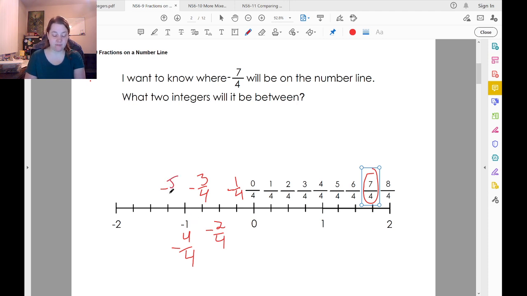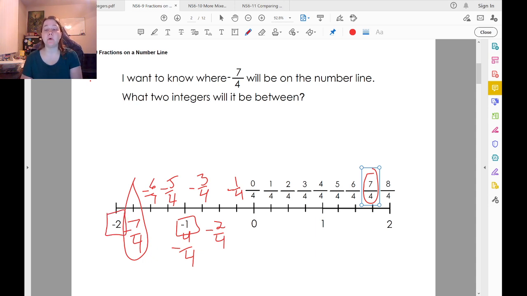Then -5/4, -6/4, -7/4. And we can see that -7/4 is in between the integers -1 and -2. And both -7/4 and 7/4 are closer to either -2 or 2.